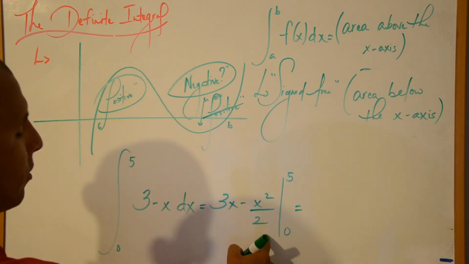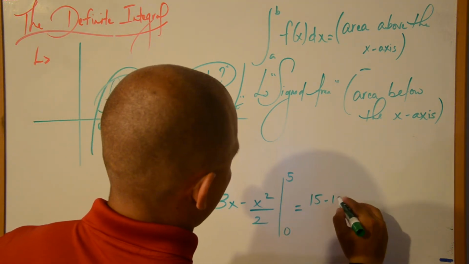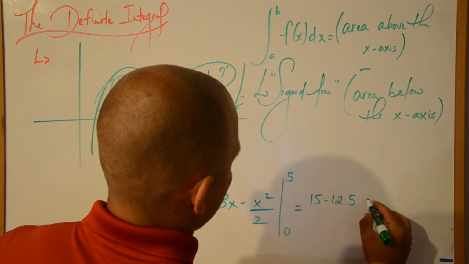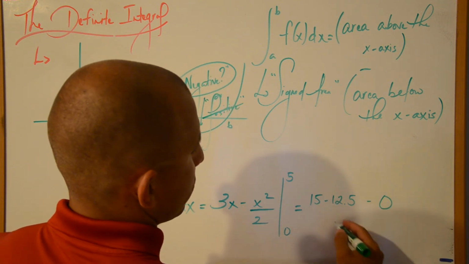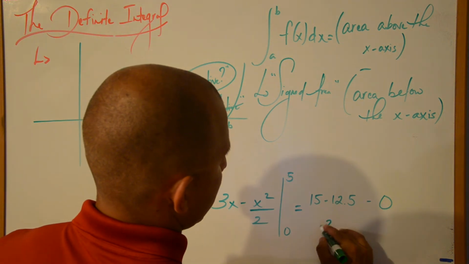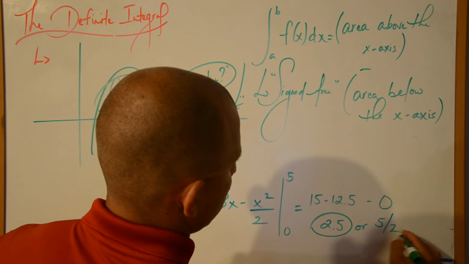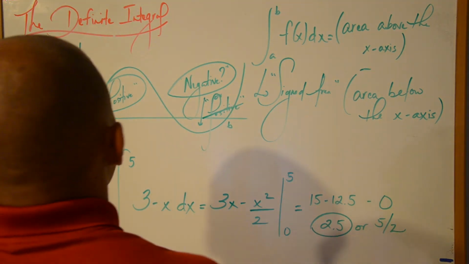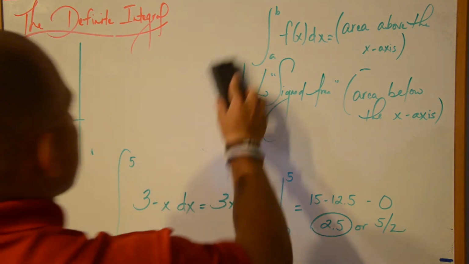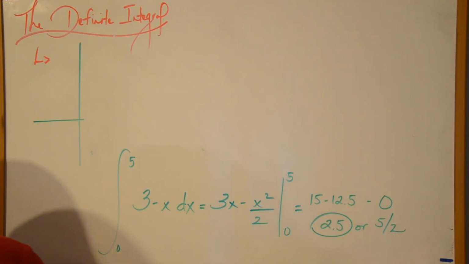If we substitute these values in, this becomes 15 minus 12.5 minus 0. Right, because 0 would be the terms there. So this really gives us 2.5, or 5 halves. If we graph this, this is a very straightforward graph, hence why we're using this type of example.